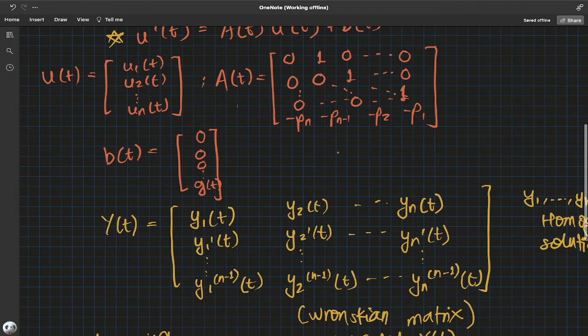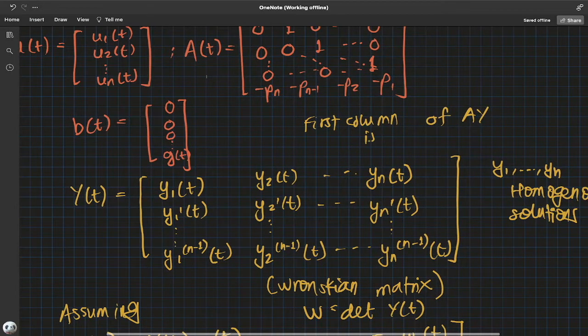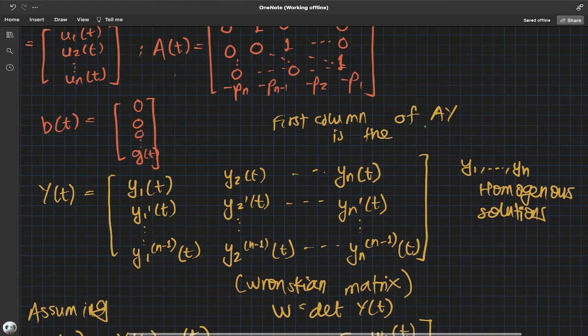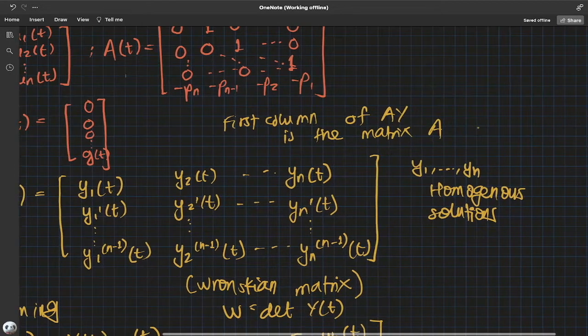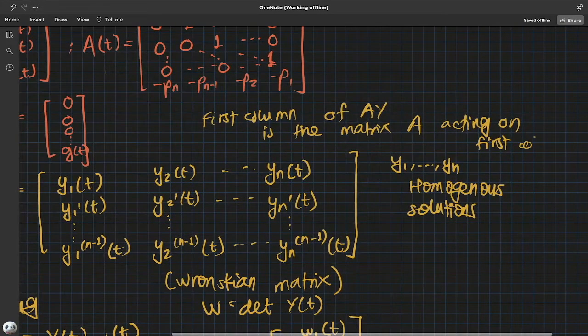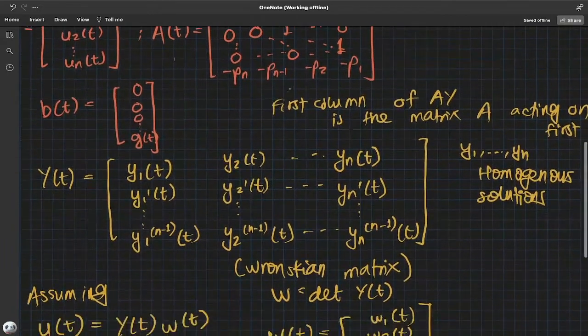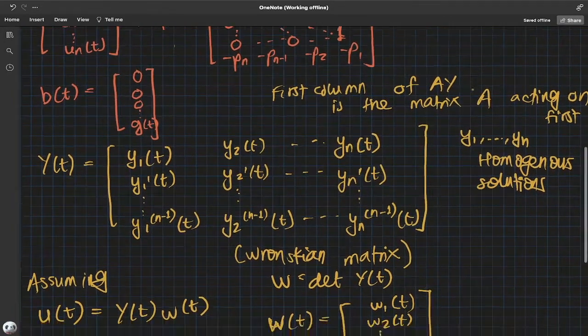So the first column of the product matrix AY is the matrix A acting on the first column of Y, the original Y. So that's like saying first column of AY.